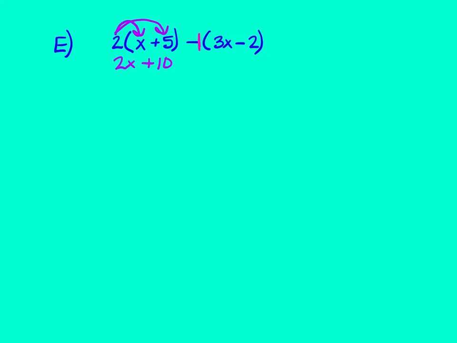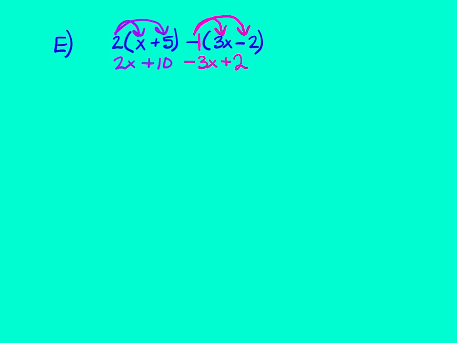It has an invisible 1. So when we're subtracting each term, we're multiplying by negative 1. You could call it multiplying by negative 1, or you can call it subtracting each term, but what's going to happen is it's going to change each sign. So negative 1 times positive 3x will make a negative 3x. Negative 1 times negative 2 will equal a positive 2. So it just changed the signs.